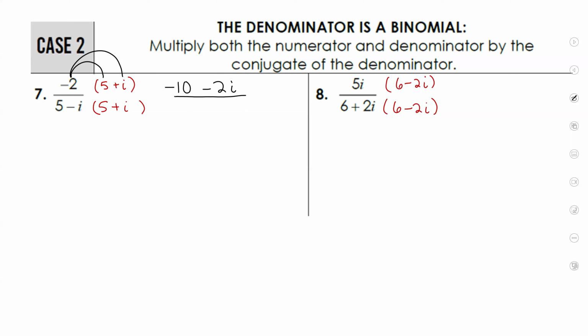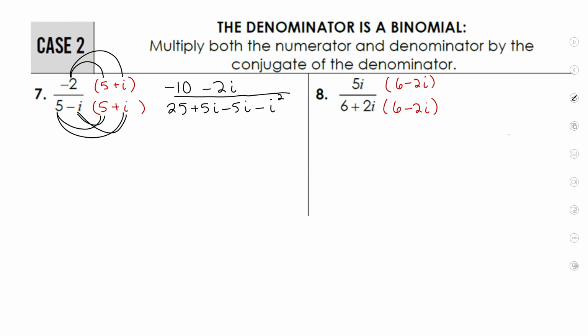Now let's do the denominator. 5 times 5 is 25. 5 times i is 5i. Next number, negative i times 5 is negative 5i. Negative i times i, negative i squared. Do you guys see what cancels out?